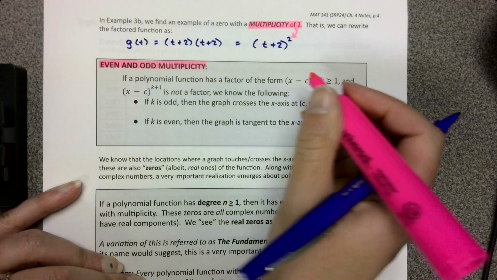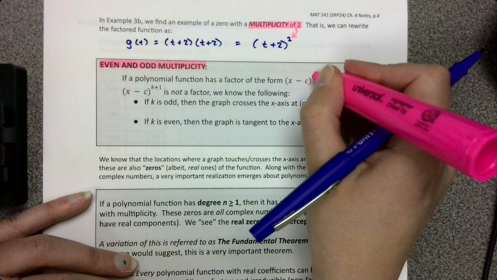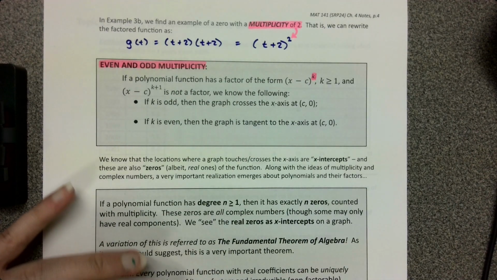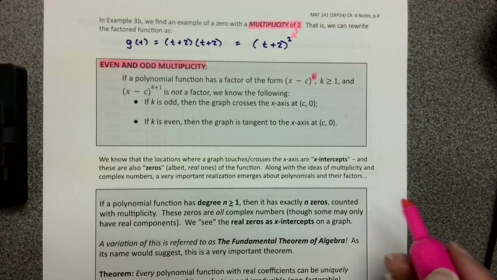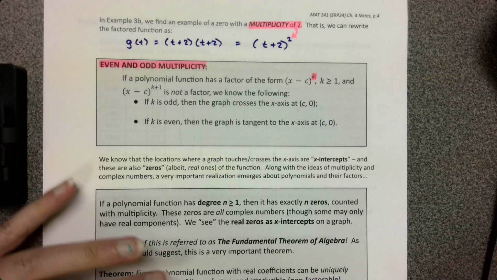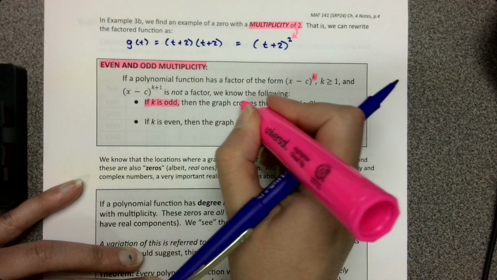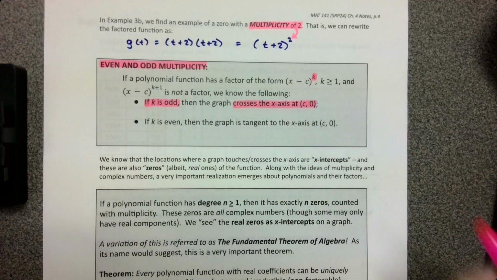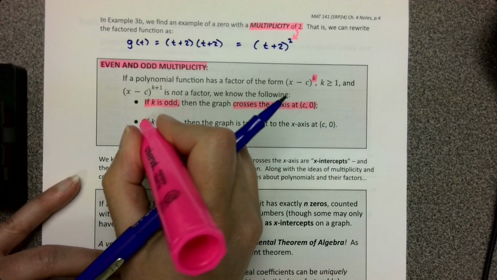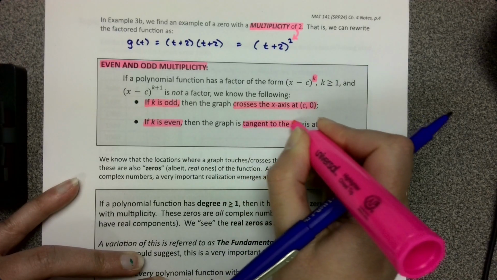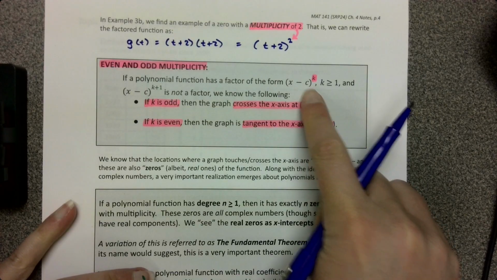If a polynomial has a factor of the form (x minus c) to the kth power, where k is bigger than 1, and (x minus c) to the k plus 1 is not a factor, meaning it goes in k times at most, we can determine that if k is odd, the graph is going to cross the x-axis at the 0 formed by the number c, and if k is even, the graph is tangent to the x-axis at the point where you have c as the value.